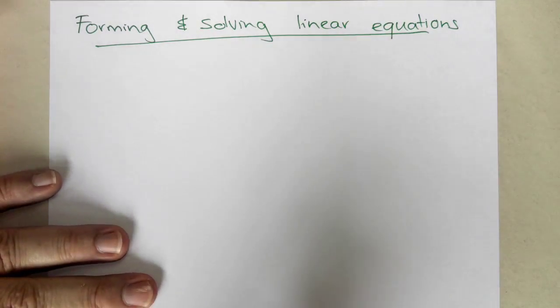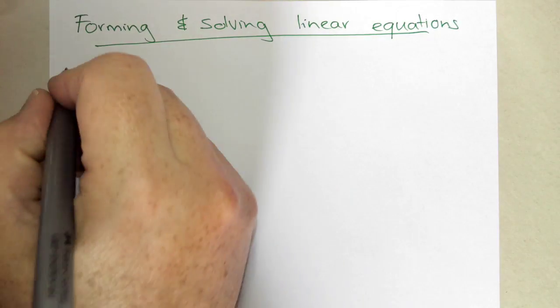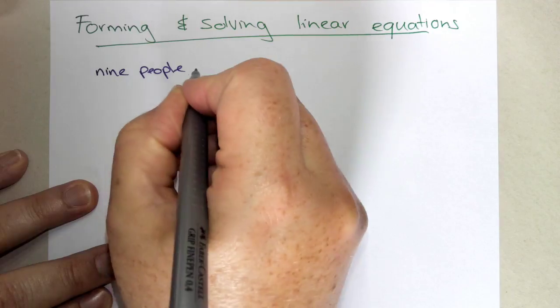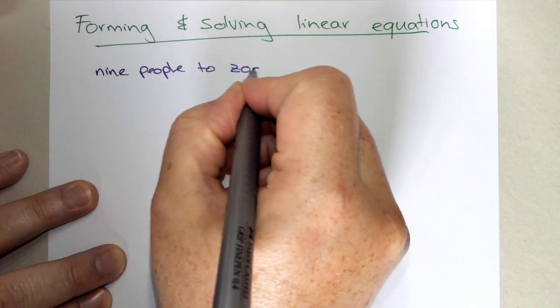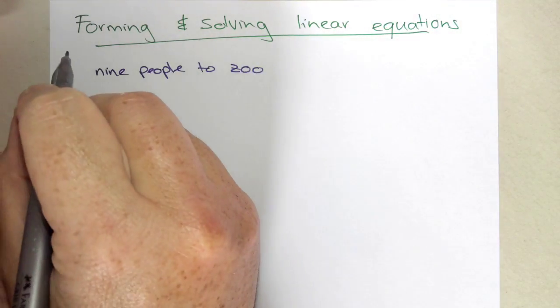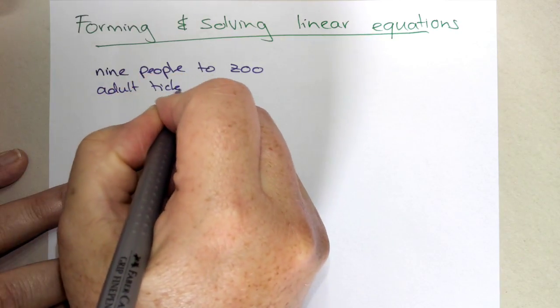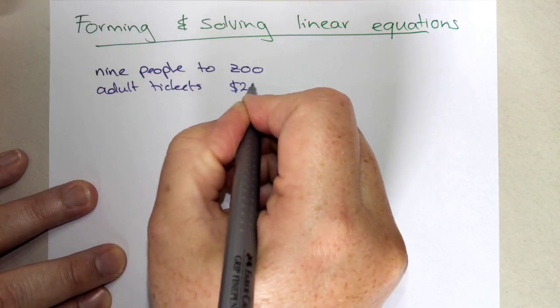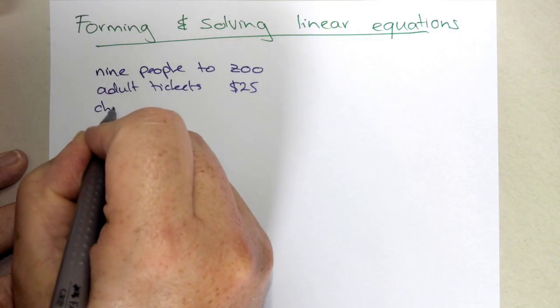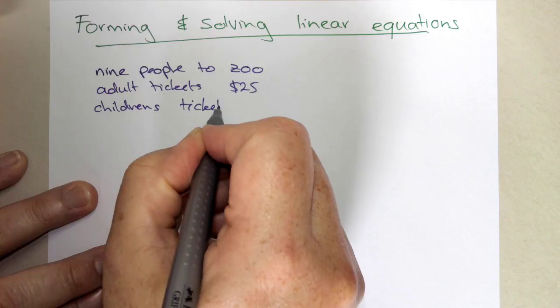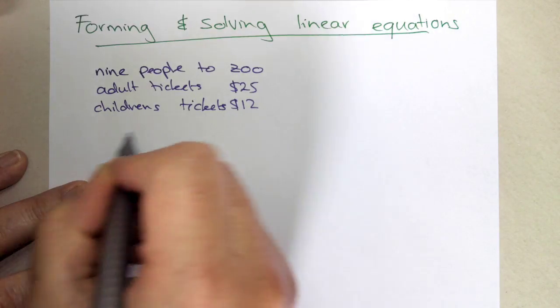Let's have a go at this one. So the information I've got: 9 people went to the zoo. Then I was told that the adult tickets cost $25 each. The children's tickets cost $12 each.